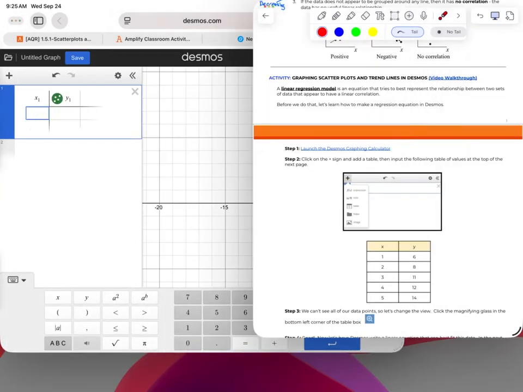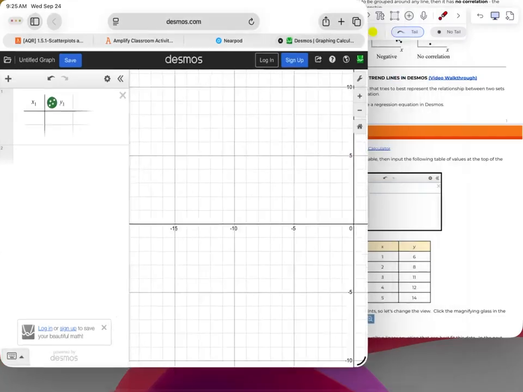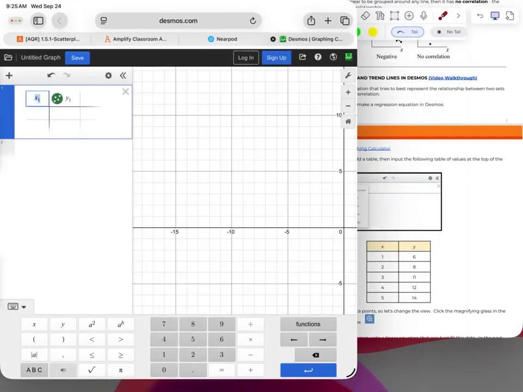And for the x's, I'm going to put 1, 2, 3, 4, 5. And for the y's, I have 6, 8, 11, 12, 14.